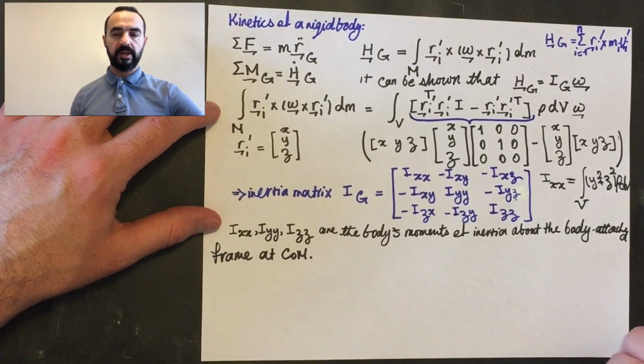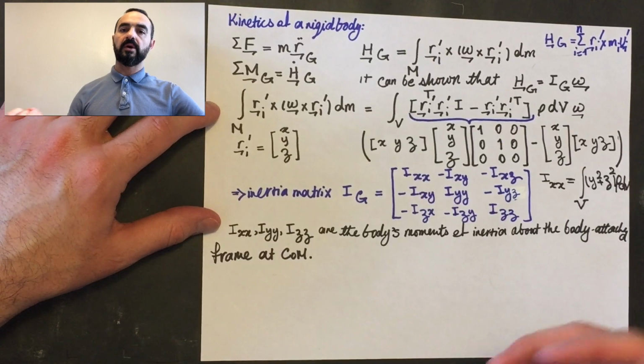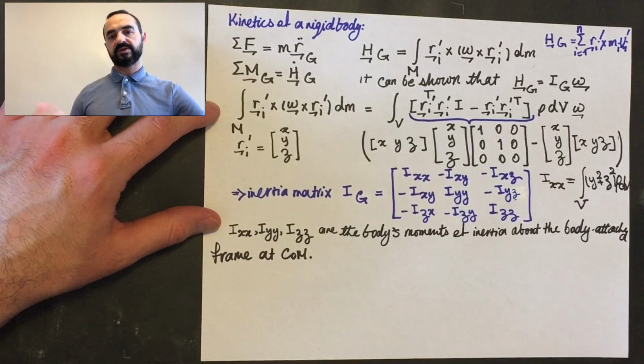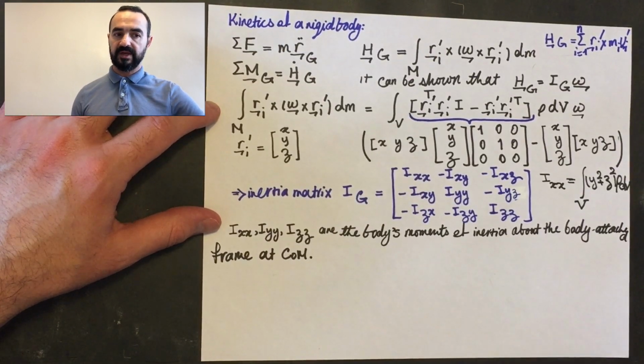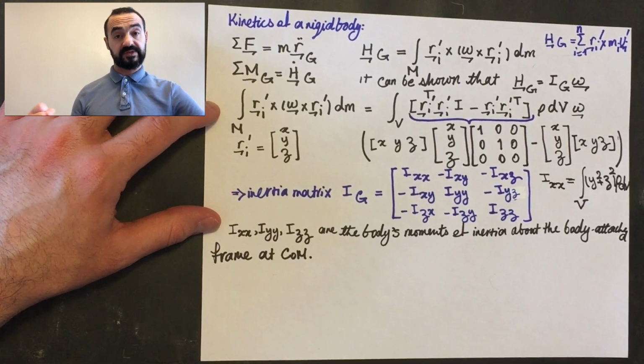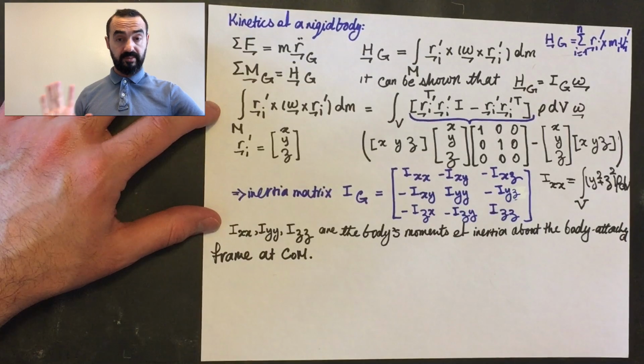It does not depend on your angular velocity vector or translational velocity or translational acceleration. So it's a property of the body. It depends on mass distribution.